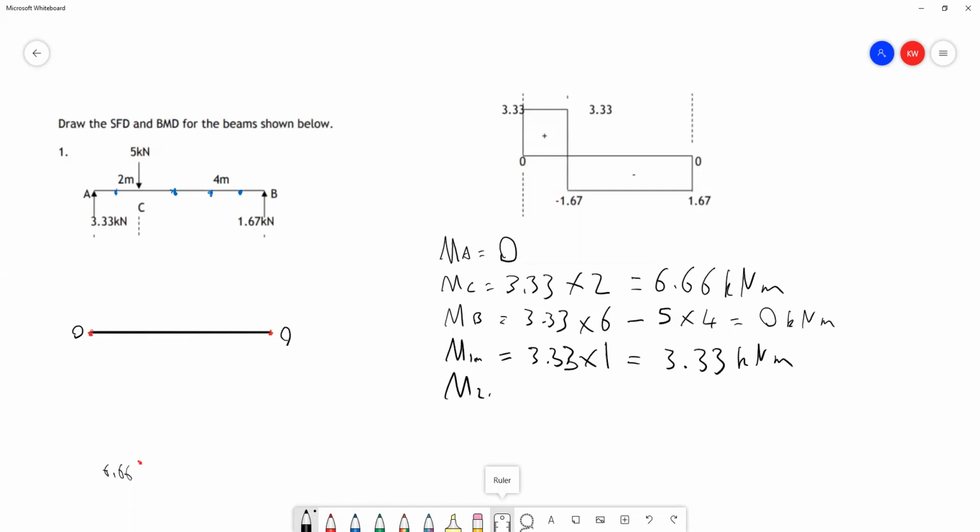If we consider the bending moment 3 meters away from A, of course it'll be 3.33 times 3, and we'll be subtracting the moment due to the force at C. From this point, and we'll circle it in black here, although it's 3 meters from A, it's only 1 meter away from C, so this is going to be 5 times 1.